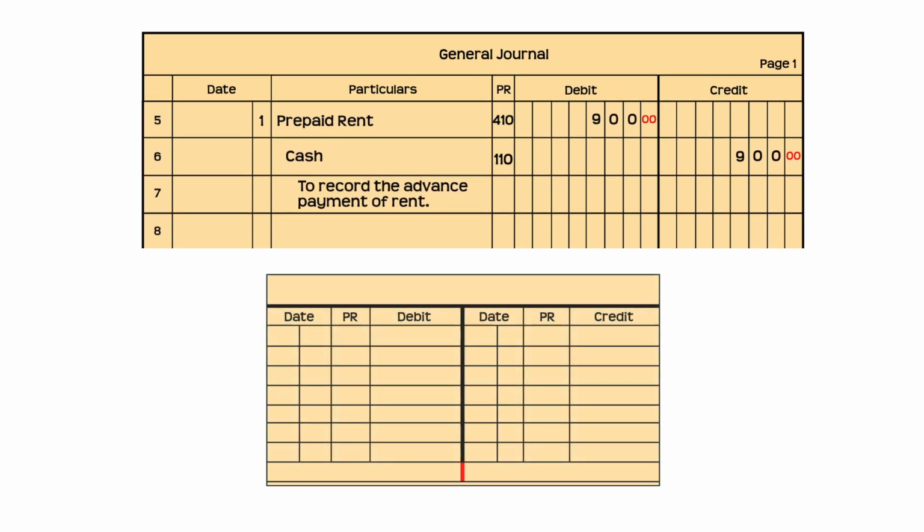Oh, there it is! Just like the first transaction, post it to the ledger of the prepaid rent. As for cash, it should be done the same way.